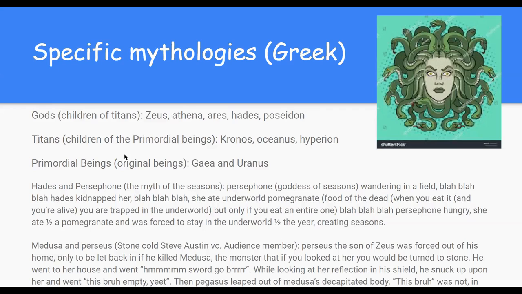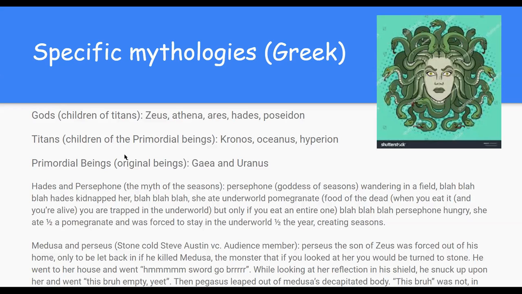Those of you who have read Percy Jackson, if I remember, Percy's real name was Perseus. And so Perseus was the son of Zeus, and he was the heir to his kingdom, but it was taken over.